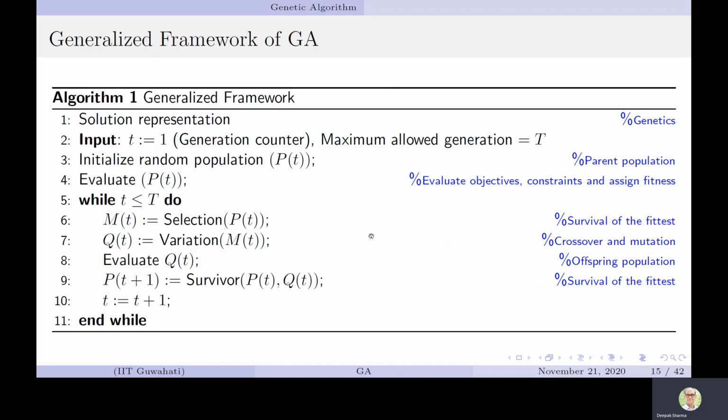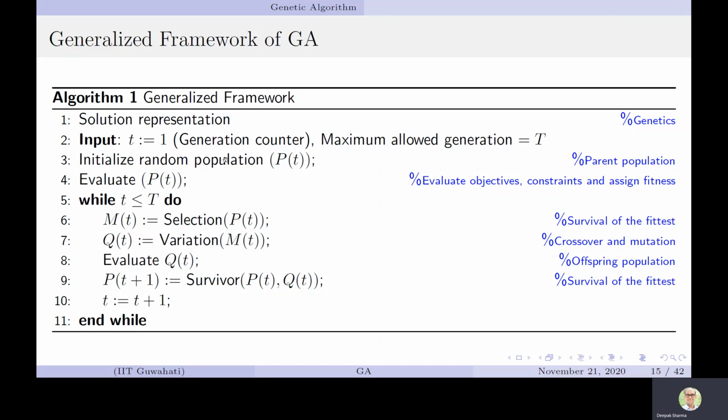So let us understand the same genetic algorithm in an algorithmic representation. We are going to represent our solution, that is genetics. Then we have a generation counter small t, and capital T as the maximum allowed generation.